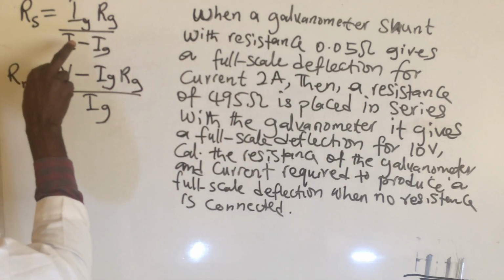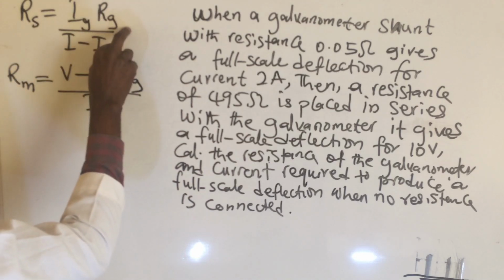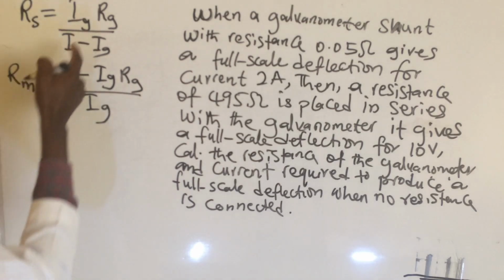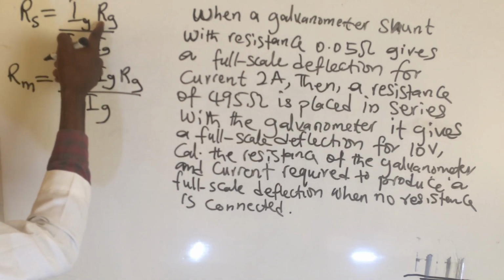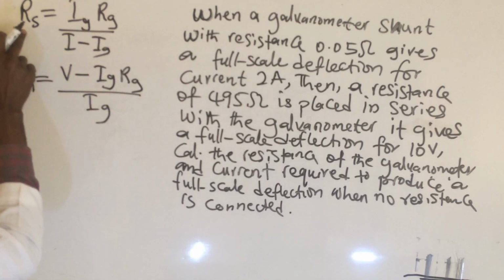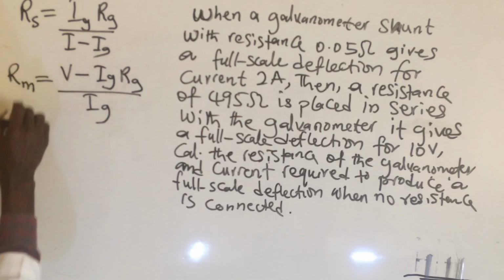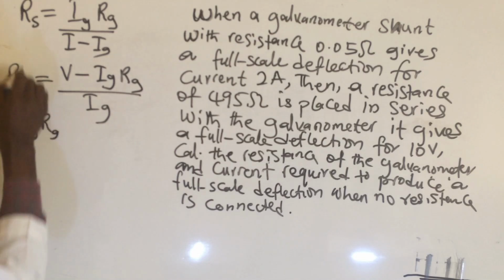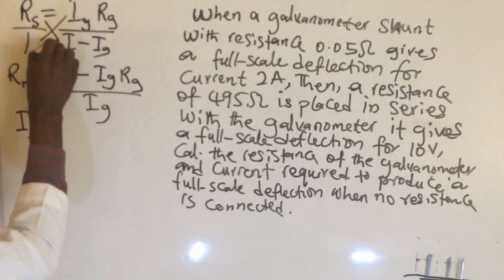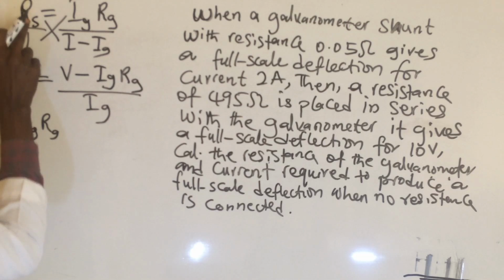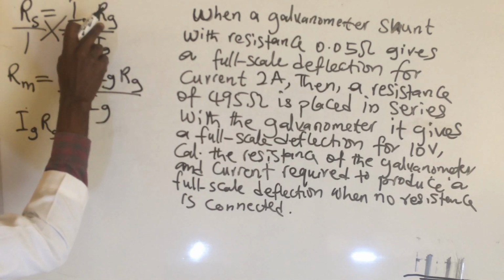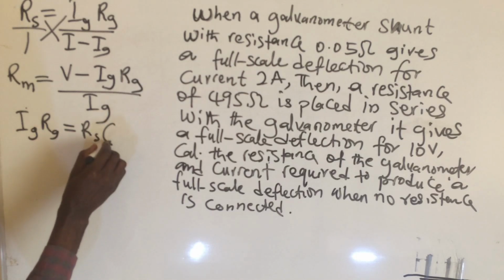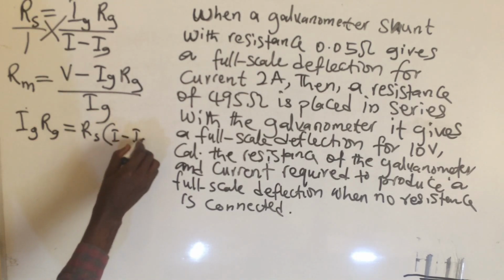Let us use this formula to find the resistance of the galvanometer. Making Rg the subject of the formula, we cross multiply. Make this one over 1, cross multiply, the top one times 1 here, and this one times this, which gives Ig Rg equals Rs in bracket I minus Ig.